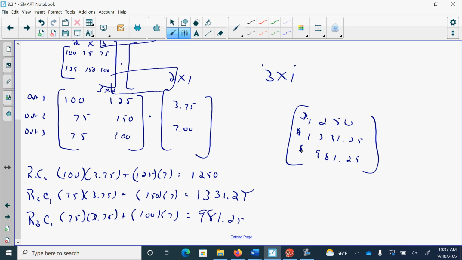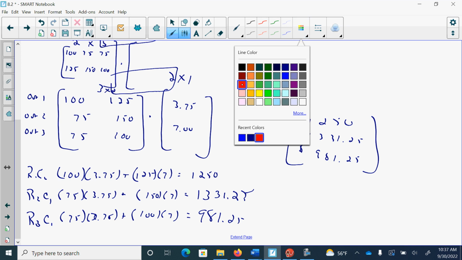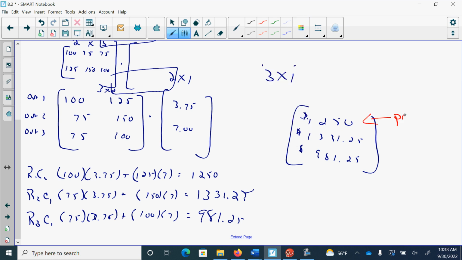But more importantly, it's the profit from where? Yeah, so you gotta know what you're doing. This is the profit from outlet 1. This is the profit from outlet 2. This is the profit from outlet 3. Okay?